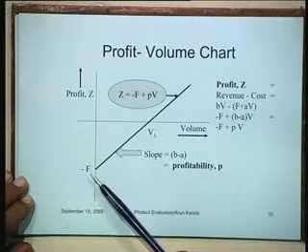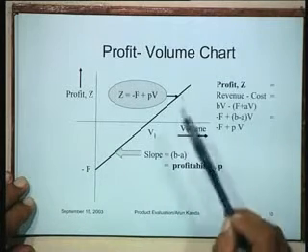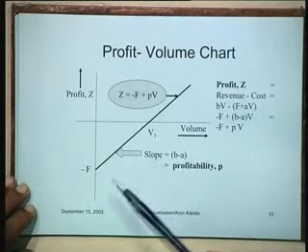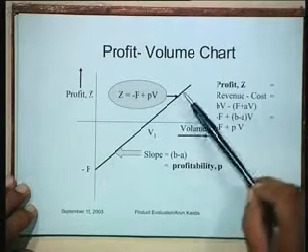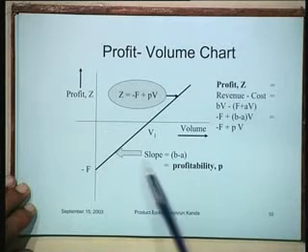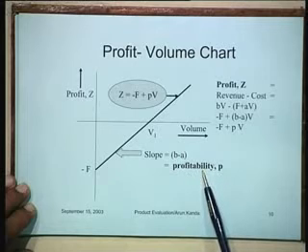So if you plot the profit versus the volume, the same information that we had in the break-even analysis would show that the profit function is a straight line with an intercept of minus F here. The slope of this line is equal to B minus A, which is P, often known as the profitability.